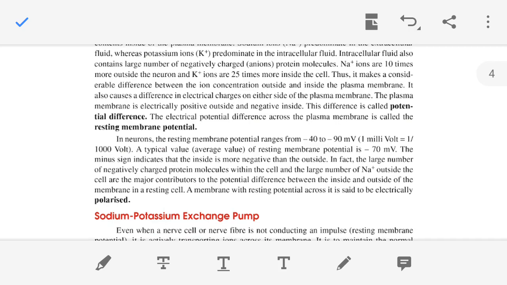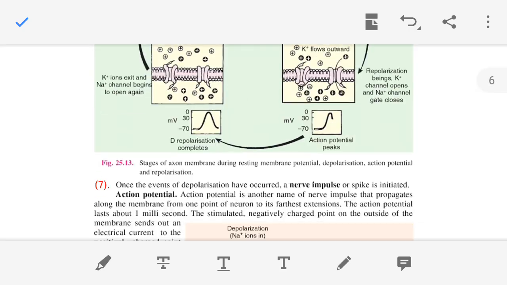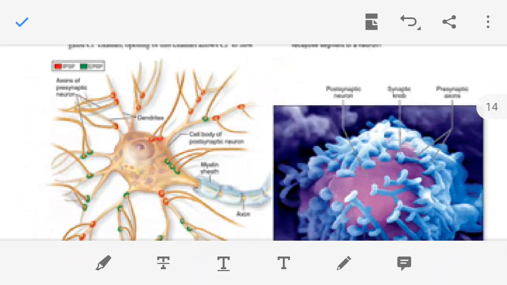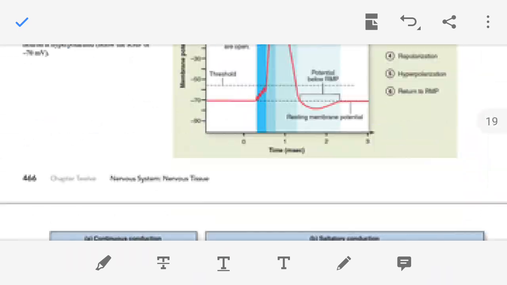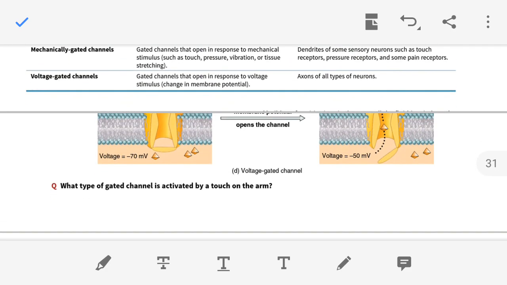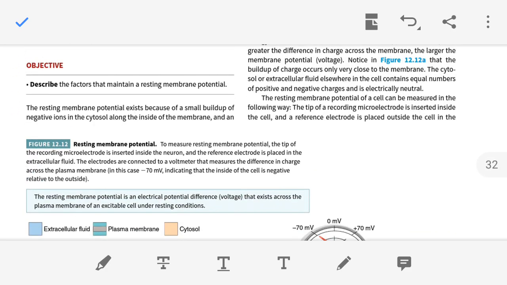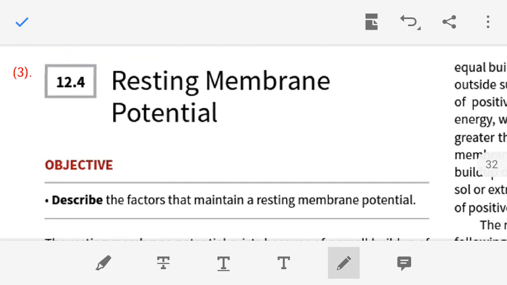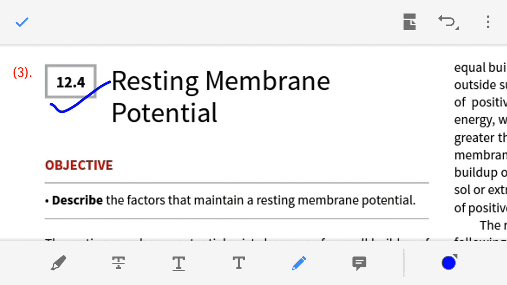Now we are moving forward. Now we are discussing the third point. Now here we are discussing resting membrane potential.